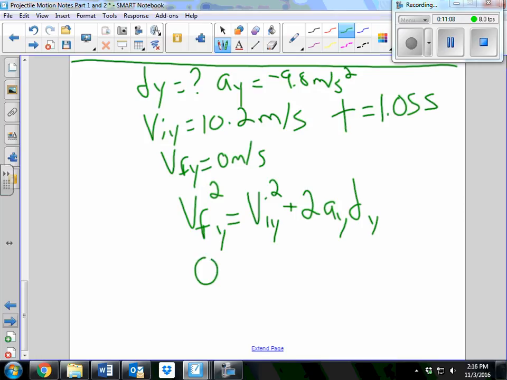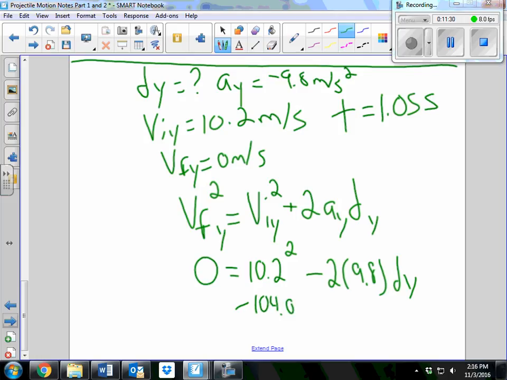So in this case, I have 0 equals 10.2 squared minus, because this guy's negative, 2 times 9.8 times dy. Now I solve for dy. So 10.2 squared equals 104.04. So 104.04 minus 104.04.